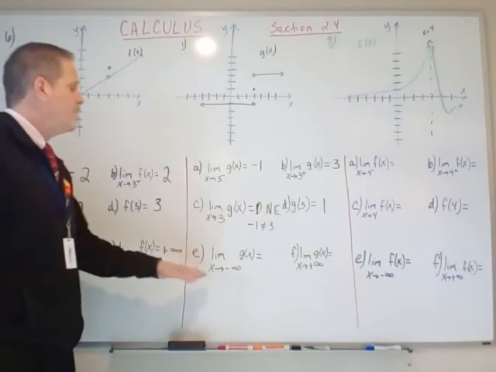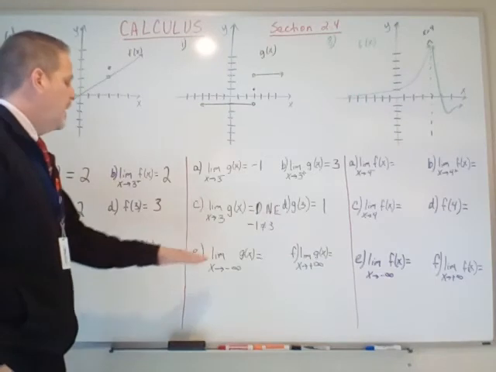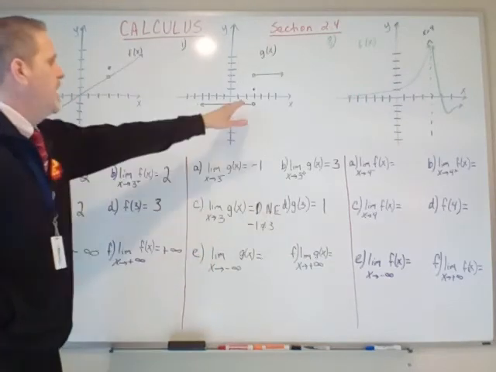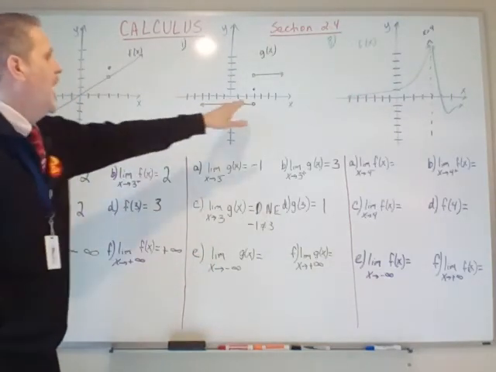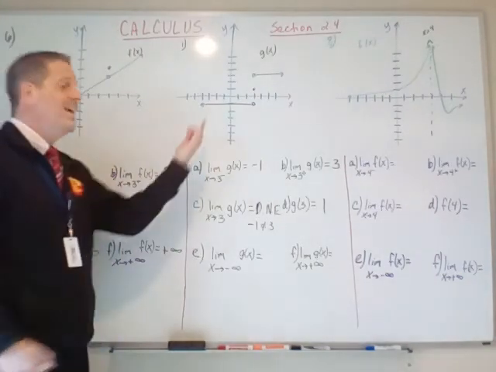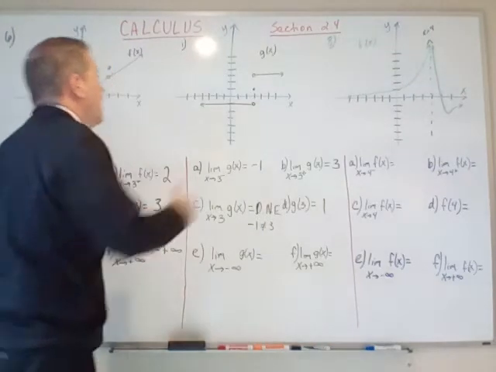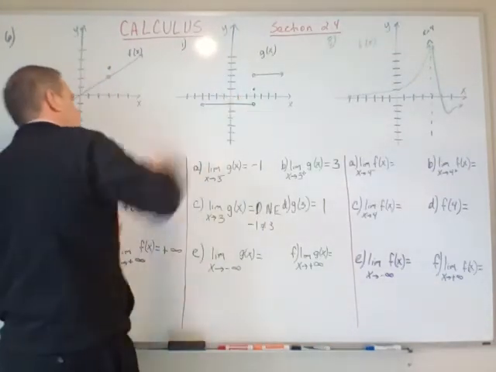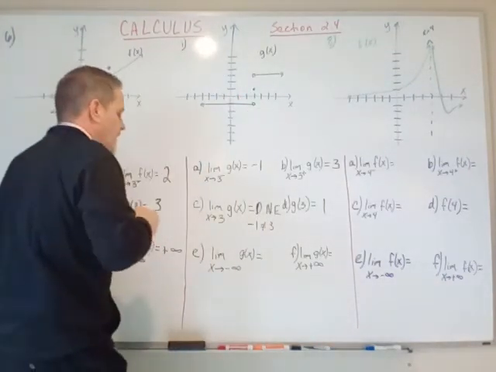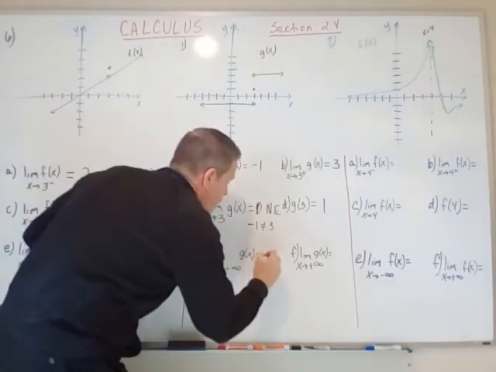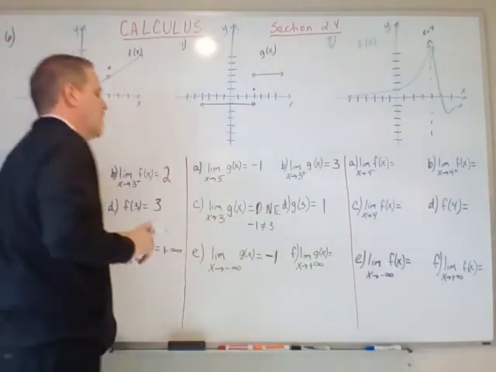What about the end behavior of this function? As x goes to negative infinity, I'm down on this horizontal line, this constant. The limit of a constant is a constant, and to the left of 3, this piecewise function is behaving like -1. So our answer here is -1.